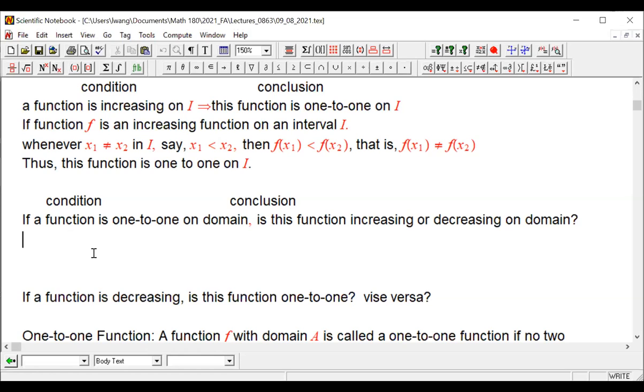You cannot draw the general conclusion that all other functions that are 1-to-1 are also going to be increasing or decreasing. So we need a more rigorous proof than using one example. That's my point.